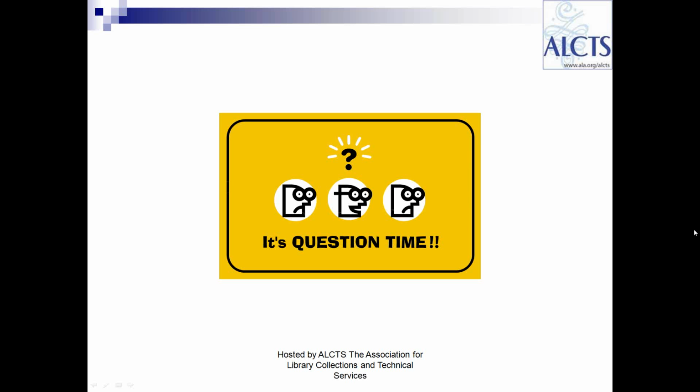I'm sure if there are any changes to the single record approach practice, if no place else, there probably will be something on Serialist. I would imagine there probably will be something on AUTOCAT. And there will definitely be something up on the Program for Cooperative Cataloging website or the CONSER website.